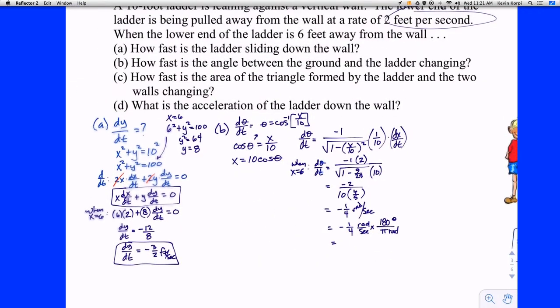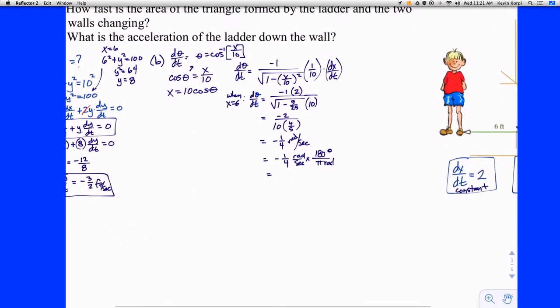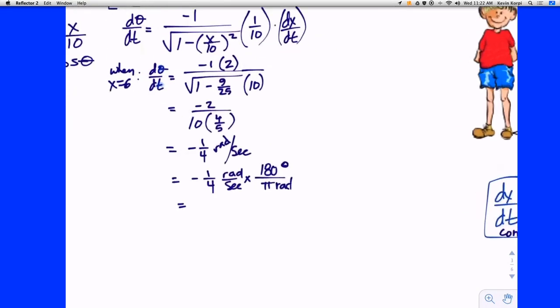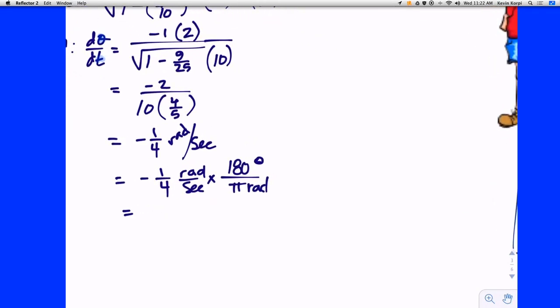It just says how fast is it changing. I'll go ahead and do it. I have a calculator right here. We could probably appreciate degrees a little bit better than radians, right? So negative 0.25. It is negative. That's good. Times 180. I'll go ahead and divide it by pi just to get an actual answer. And let's see. If I typed it in correctly, I got negative 14 point.